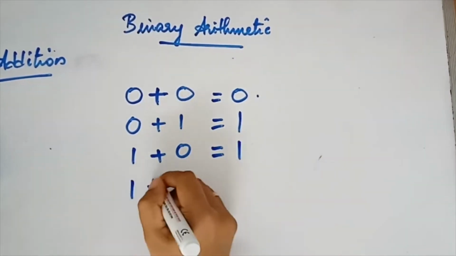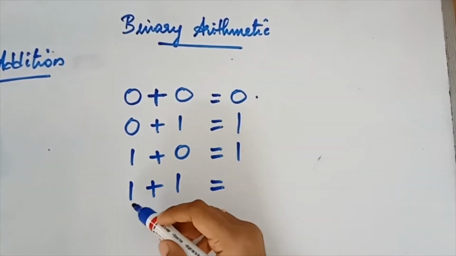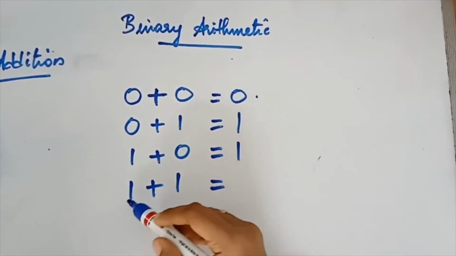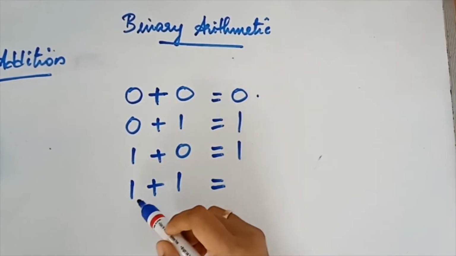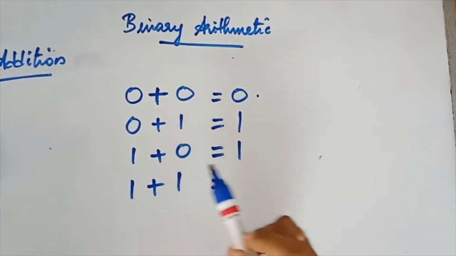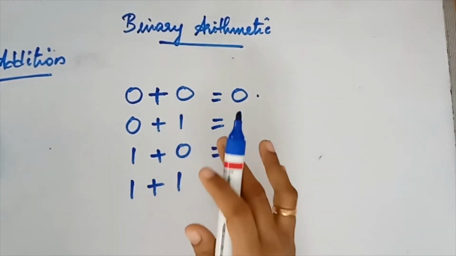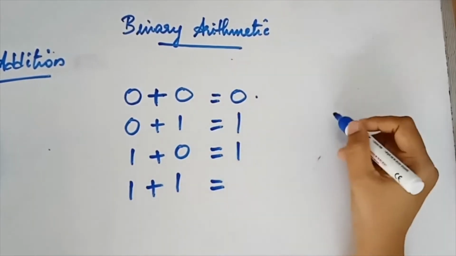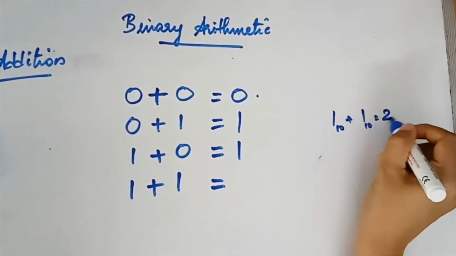But then what is 1 plus 1? This 1 and this 1 are binary ones, not decimal ones. Normally in decimal, 1 plus 1 is 2.